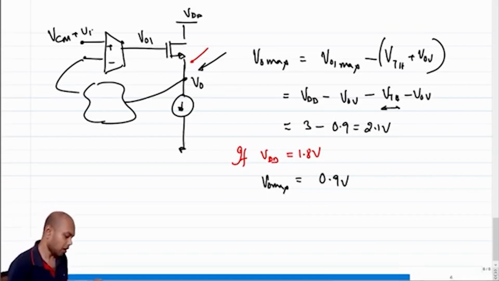Okay, so what percentage of the possible signal swing is lost in the first case?